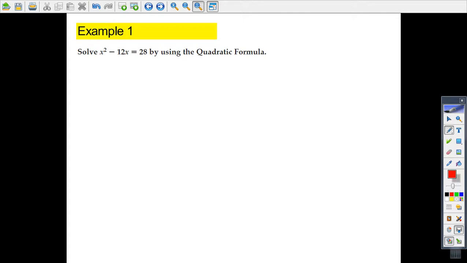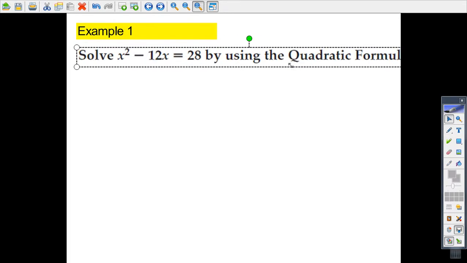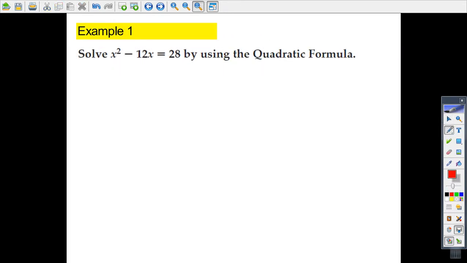So, for example 1, what is the first thing I would need to do? Can you read that okay, or is it too small? Make it bigger. I need to subtract the 28 from both sides first, so that I have a 0. x squared minus 12x minus 28 equals 0.